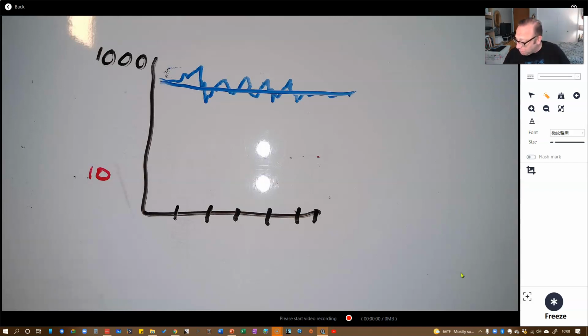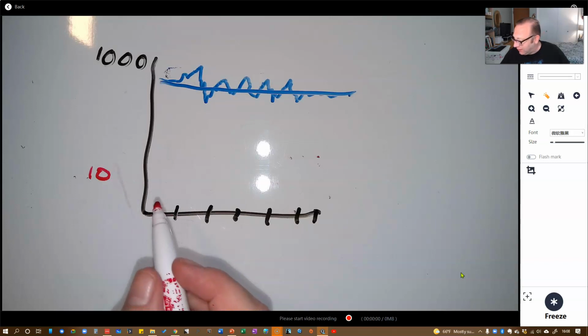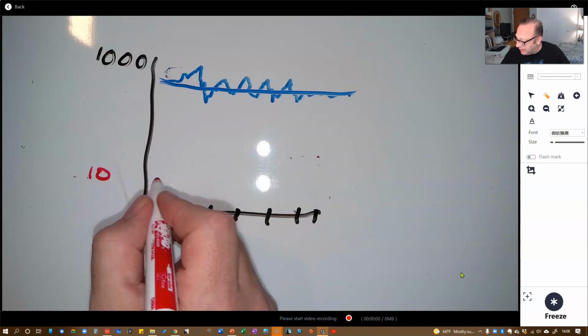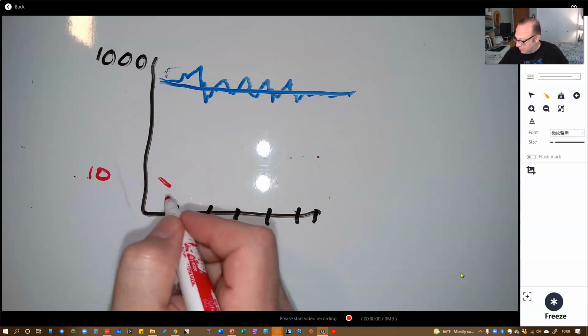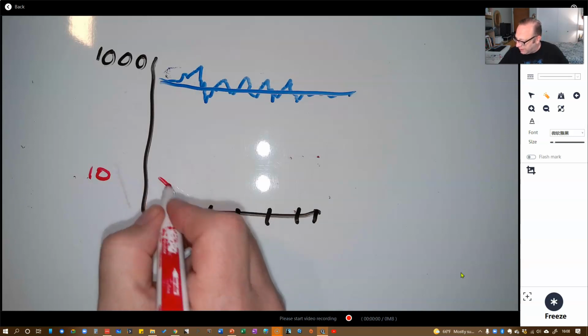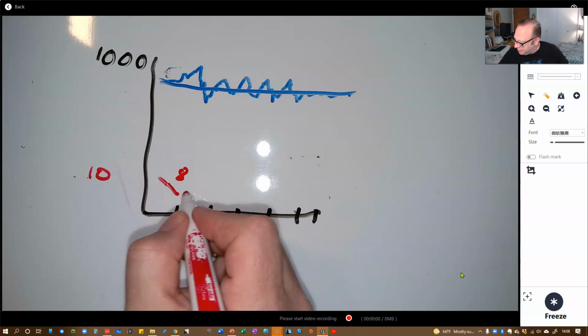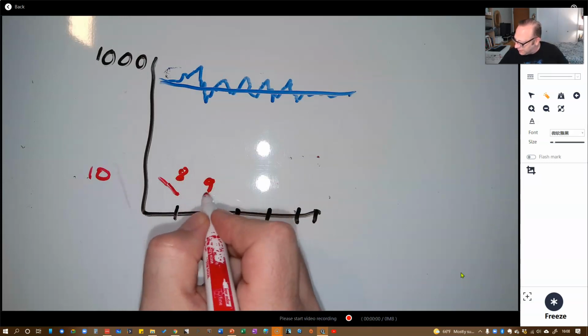Now, if you have a population of only 10, however, let's say you lose 2 people in the first generation, right? That's 8. And then maybe you pick up one here, so now you're up to 9.